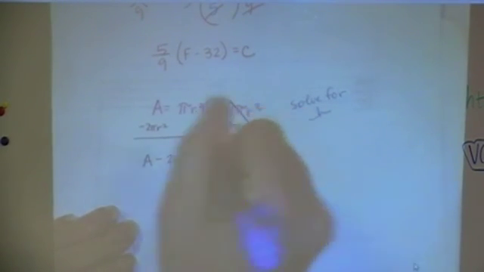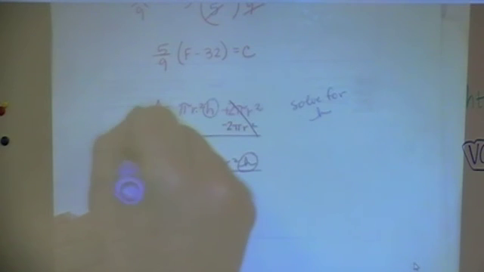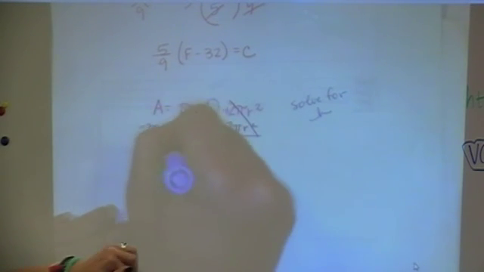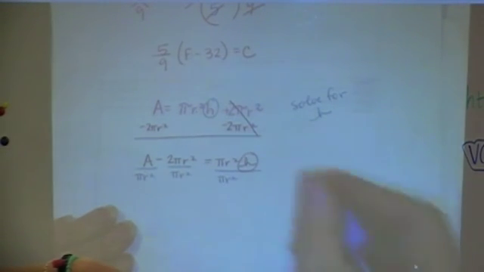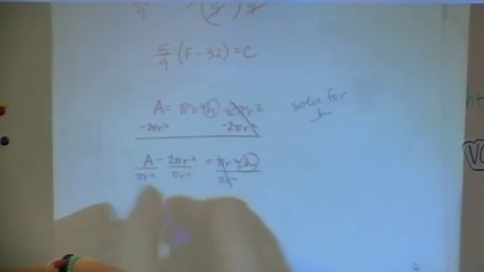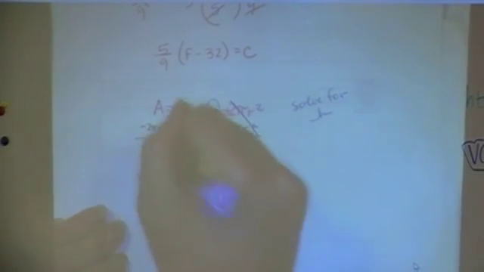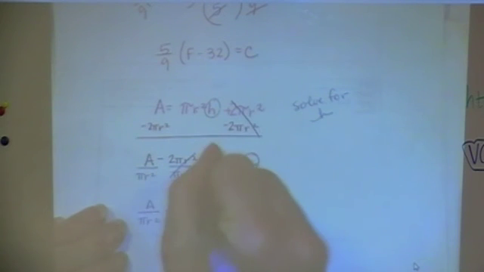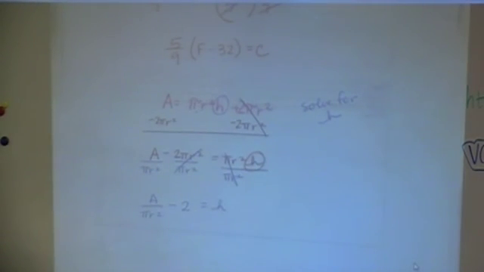Since I have a pi r squared here, you have to divide everything by pi r squared. Instead of doing it all in one fell swoop, I'm just going to divide it individually. It's the same thing, but nicely this piece will cancel. So I end up with A over pi r squared minus 2 equals h. That's it.